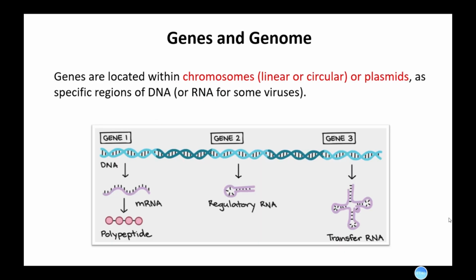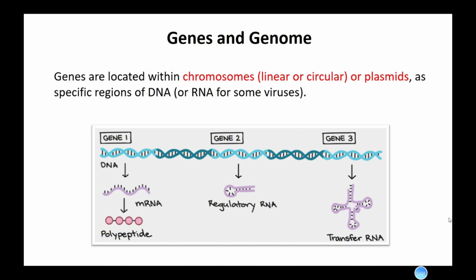But what is a gene? What's the definition of a gene? Here is the traditional definition. Genes are located within the chromosome or plasmid. They are specific regions of the DNA.